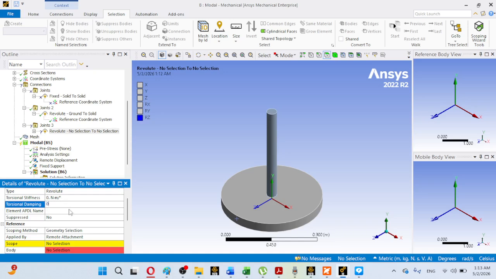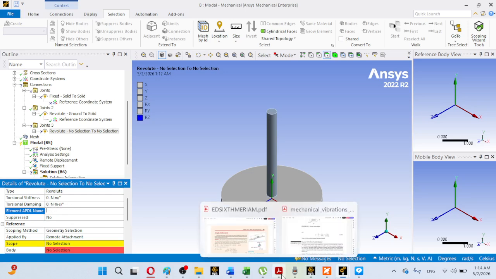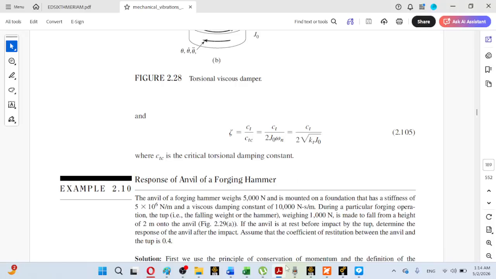Remember, by default, the torsional damping constant here says Newton meter second per degree. But by default the unit for the torsional damping constant is Newton meter second per radian in this formula.